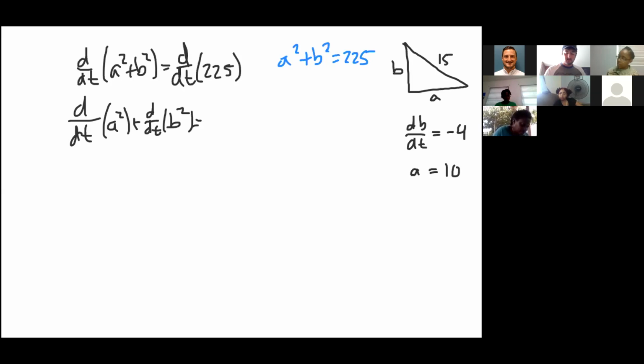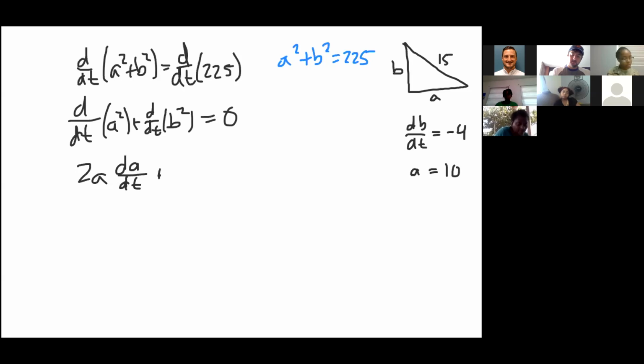But again, the derivative of any constant is always 0. So on that right-hand side, I'm going to get a nice good old 0. And on the left-hand side, when I'm taking the derivative with respect to a and b, I apply my chain rule, that implicit differentiation. Act like I'm taking the derivative with respect to a, gives me a 2a, but then make sure I multiply by how a changes over time.